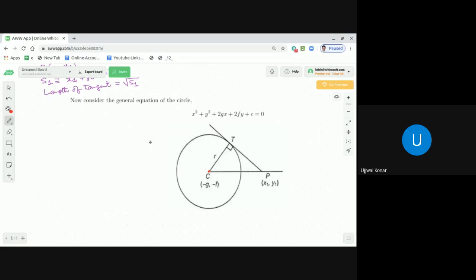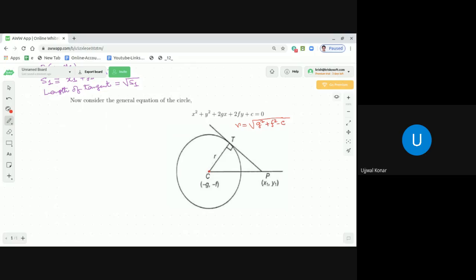So what can we say about r? If this is the equation of the circle, then r should be equal to square root of g square plus f square minus c. That is the value of r, the radius of the circle.